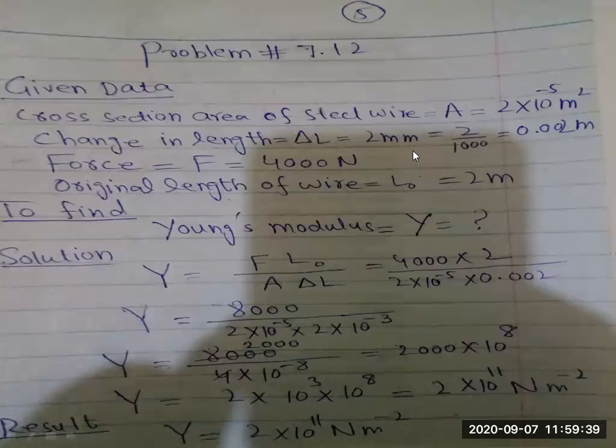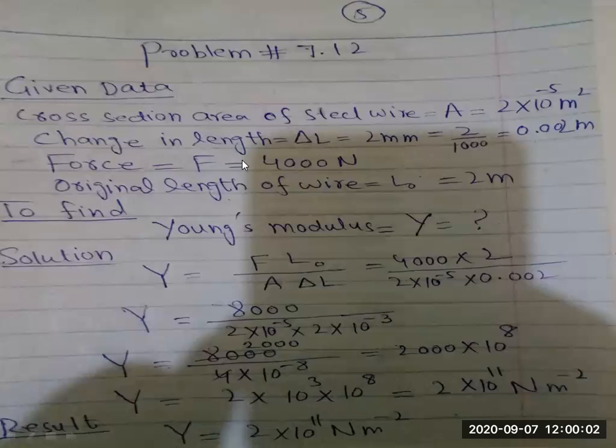Millimeter is the smaller unit of length, but the SI unit of length is meter.